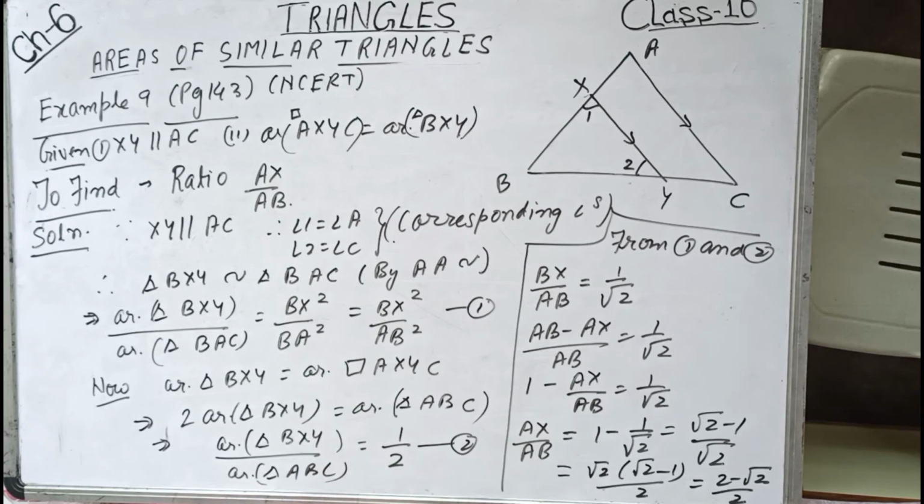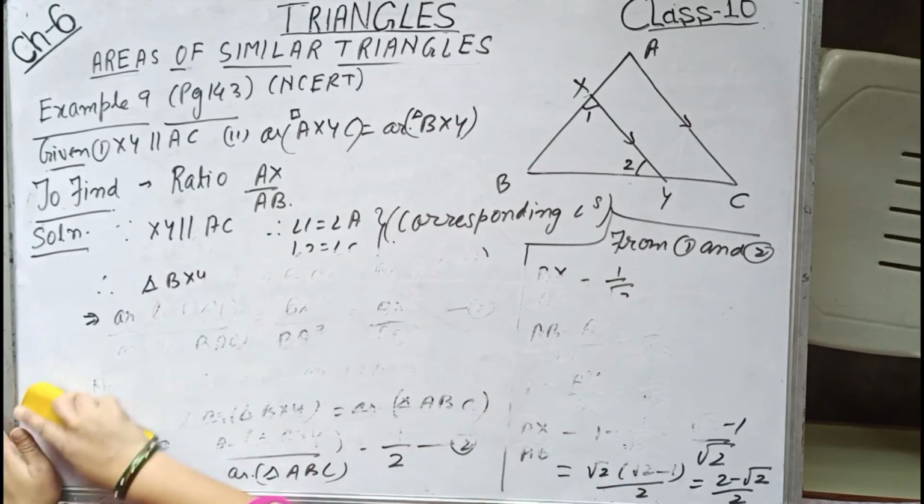You can leave the answer as the earlier form if it is asked to prove up to this much. But generally, please children, don't leave any surd in the denominator. So the answer is 2 minus root 2 by 2. This is the answer. It's an important question.